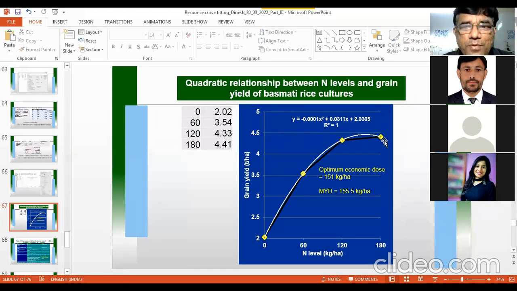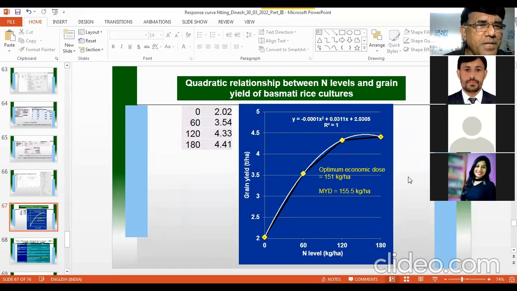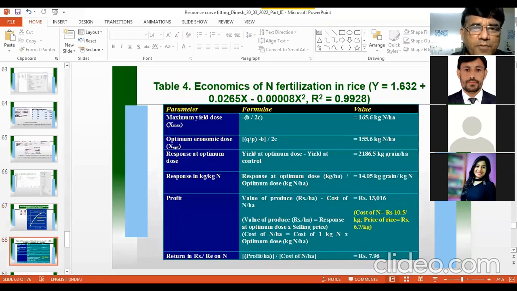Then you can go for economic analysis. This is the equation, and from this equation you know the value of A, value of B, and value of C. And you know Q upon P minus B upon 2C. You can work out the optimum dose. I have given you an example. And this is the way to make a presentation.